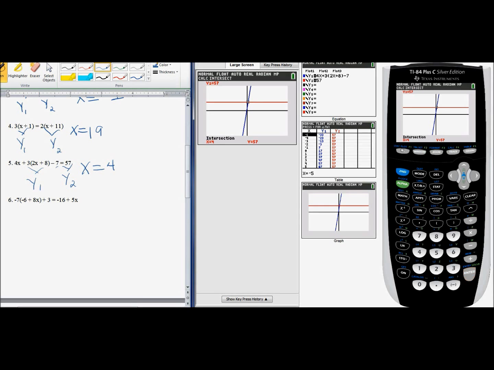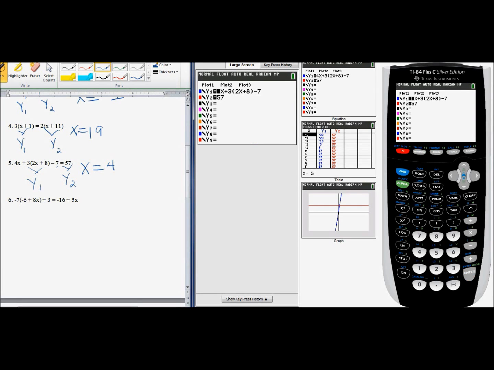And then for that last one, I have -7 times -6 plus 8x, close parentheses, plus 3. Then y2, I enter -16 plus 5x.